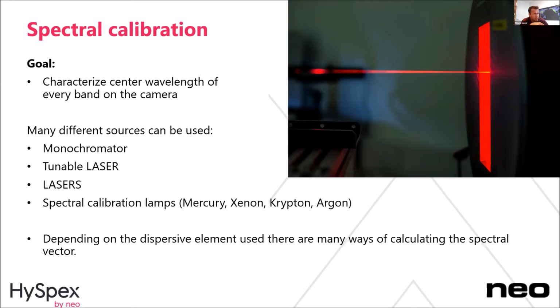You can scan a monochromator through your whole wavelength range. You can use tunable lasers, specific lasers, or spectral calibration lamps like mercury, xenon, krypton, and argon, which have a lot of spikes. You can also use mylar films. The main thing is that you get a lot of highly accurate spectral sources across your spectral range.